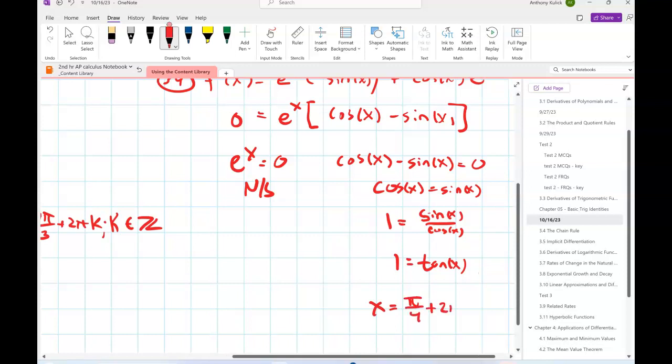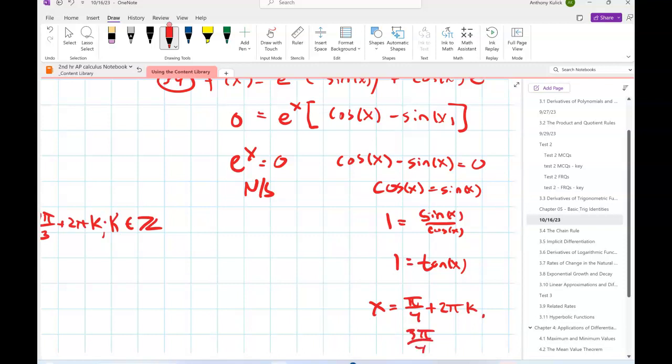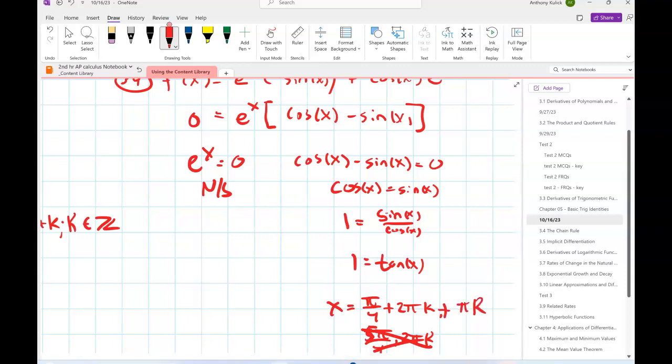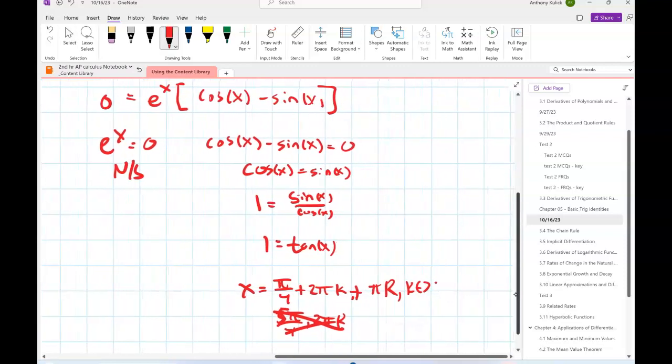That's at pi over 4, and at 5 pi over 4. But remember, the fundamental period for tangent is just pi, so I don't really need that one. And just do plus pi k at the end of that, where k is just some integer.